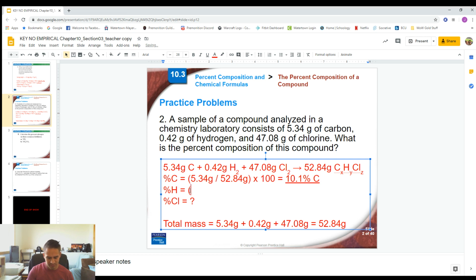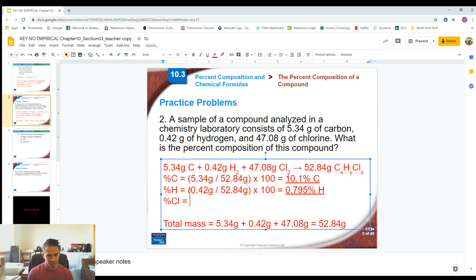For the hydrogen, we have 0.42 grams divided by 52.84 grams, and then times 100. It's probably going to be a pretty small percentage, because that's not very many grams. All right, so we get 0.795% for the hydrogen.